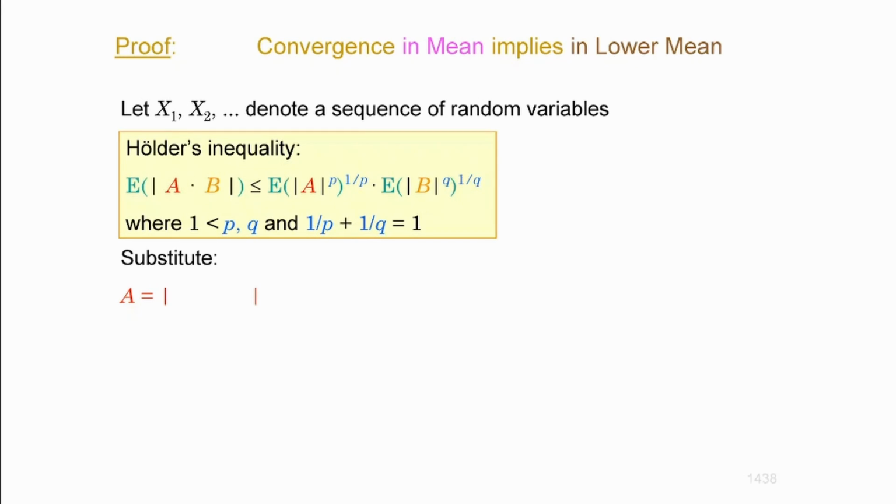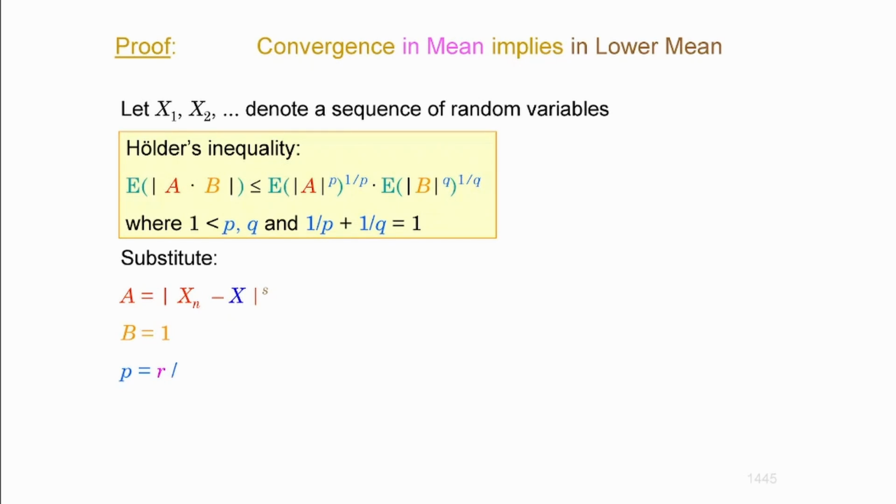Just for the moment, because I'm going to address convergence in mean, I'm first going to substitute a by this expression, which is familiar and related to convergence in the lower mean. The other random variable is just going to be set to a constant. That is also true for constants, even though constants do not have expectations, but it doesn't matter.